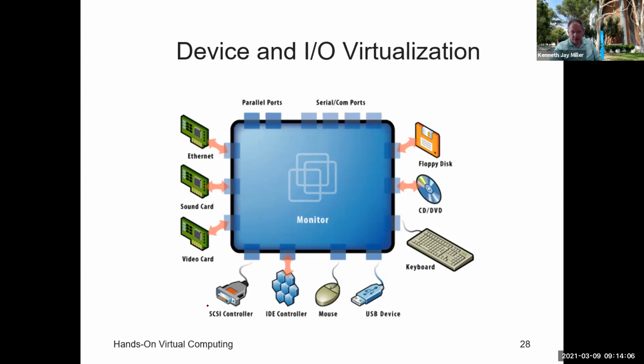Without modifying this, this was just the default from VMware. It used a SCSI hard drive controller. Now we're going to see when we use Hyper-V, it's going to use a default SATA controller.